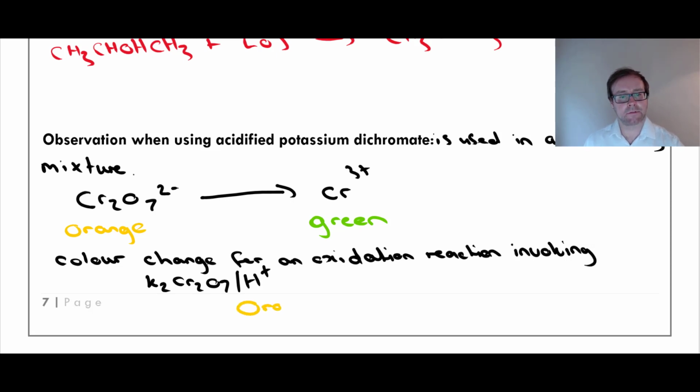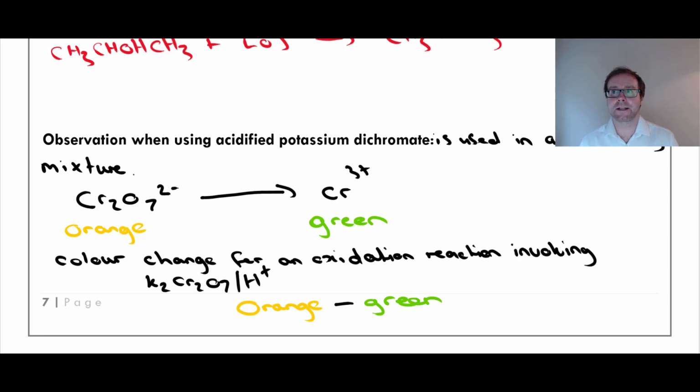Now, if I had a tertiary alcohol and I tried to oxidize it, there would be no color change because there would be no oxidation reaction. So the solution would just stay orange. Again, lots of information in our organic videos, so I will go away, try to digest it, and then have a go at doing the questions below.